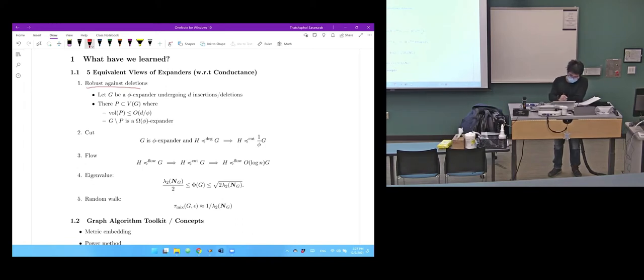If a graph is a phi expander, it undergoes not just deletion, but also insertions. Then you can find some set with small volume such that after deleting this set of nodes, the remaining graph is still a phi expander, not just connected. This is basically expander pruning.